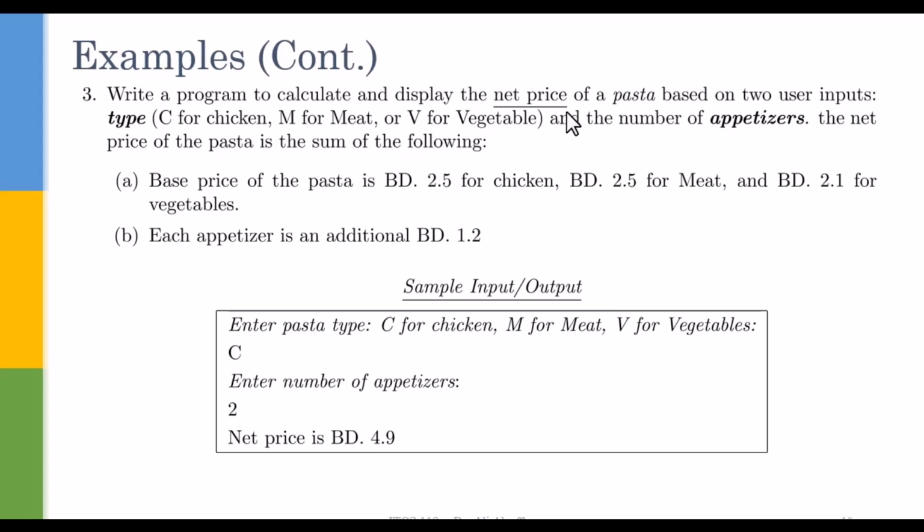For the input type, for example, C for chicken, M for meat, or V for vegetables, starting programmers may think that we need 3 variables for 3 constants. So we need a variable for chicken, a variable for meat, and a variable for vegetables.